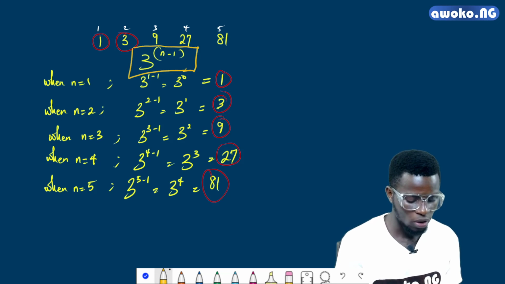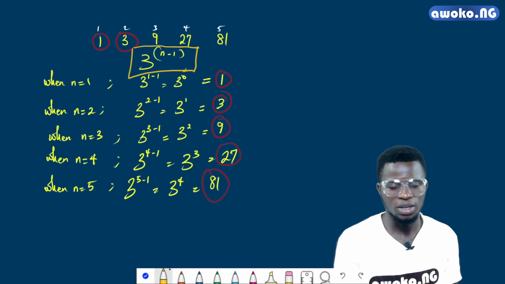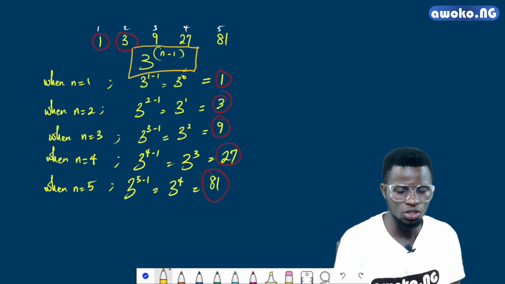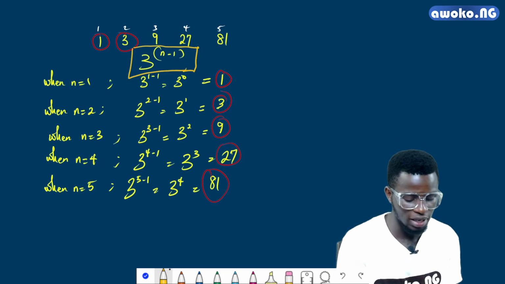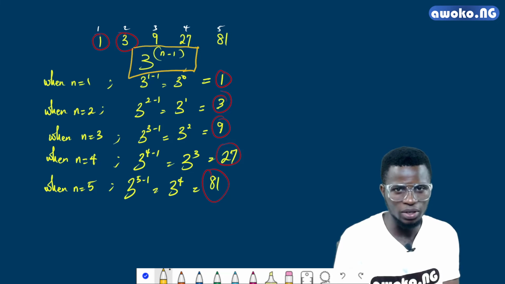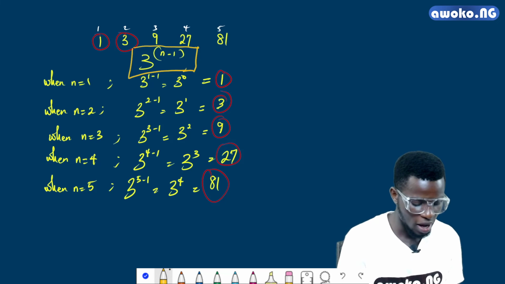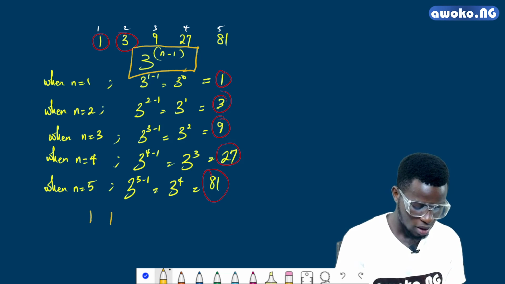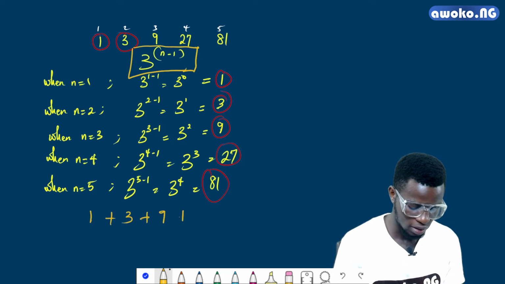But series, on the other hand, like I pointed out, is the addition of the terms in the sequence. Let's take this for example. To put it down in series form, we have 1 plus 3 plus 9 plus 27 plus 81 plus dot, dot, dot.